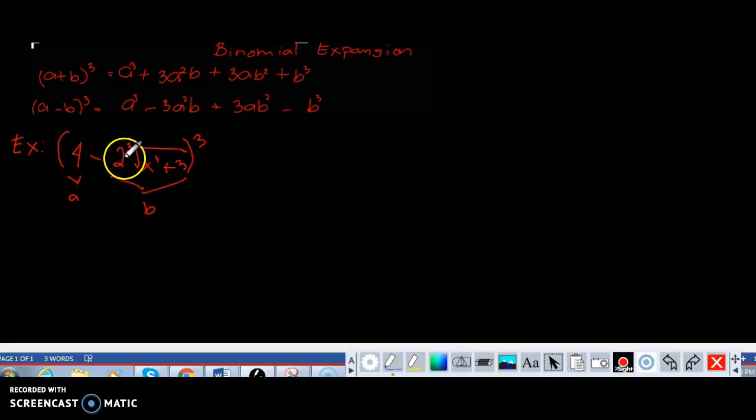That's cube root, not 2 cube root of x cubed plus 3. Now whenever you have a radical expression like this to the power of something, you are better off changing the radical into exponential because it'll be easier for you to do it.